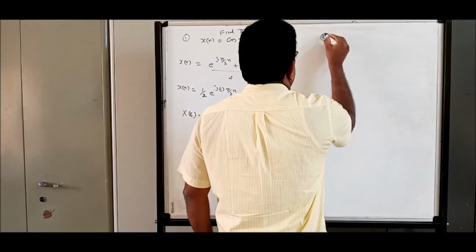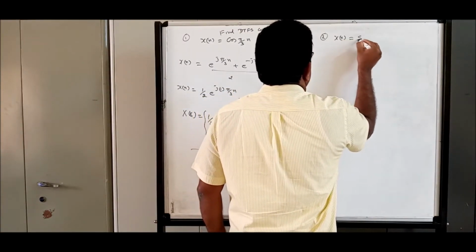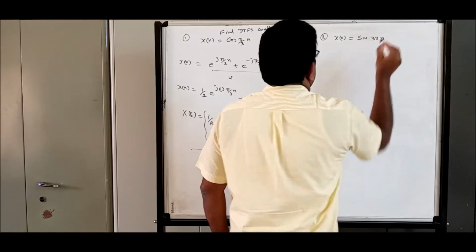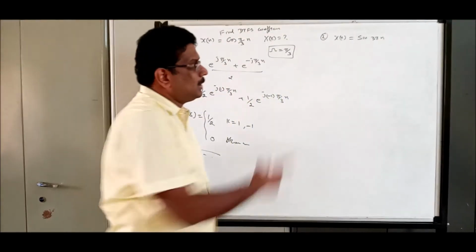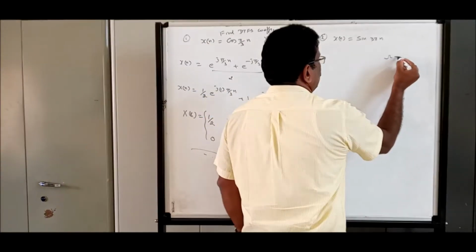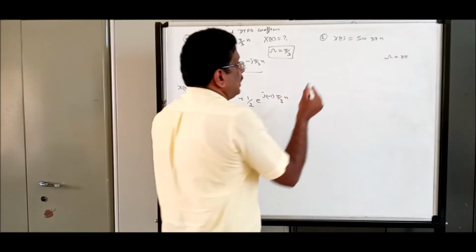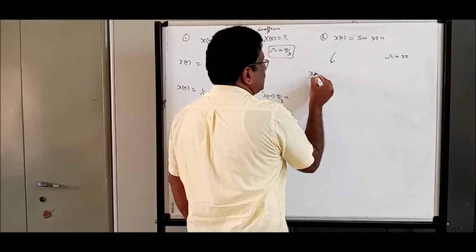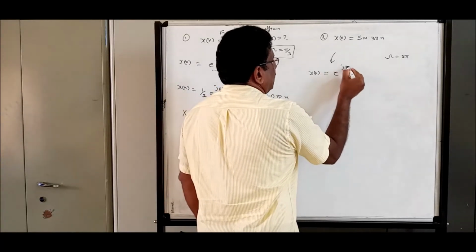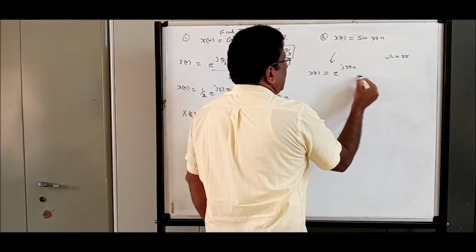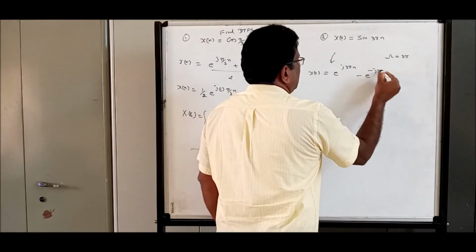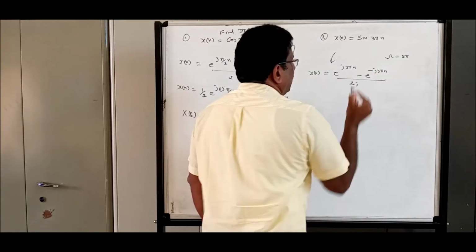I will show one more problem. X of n is equal to sin 3 pi n. The moment you see this problem, you can say what your omega is: 3 pi. The first issue is solved. Now let us rewrite this in terms of Euler's format: x of n equals e power j 3 pi n minus e power minus j 3 pi n, divided by 2j.